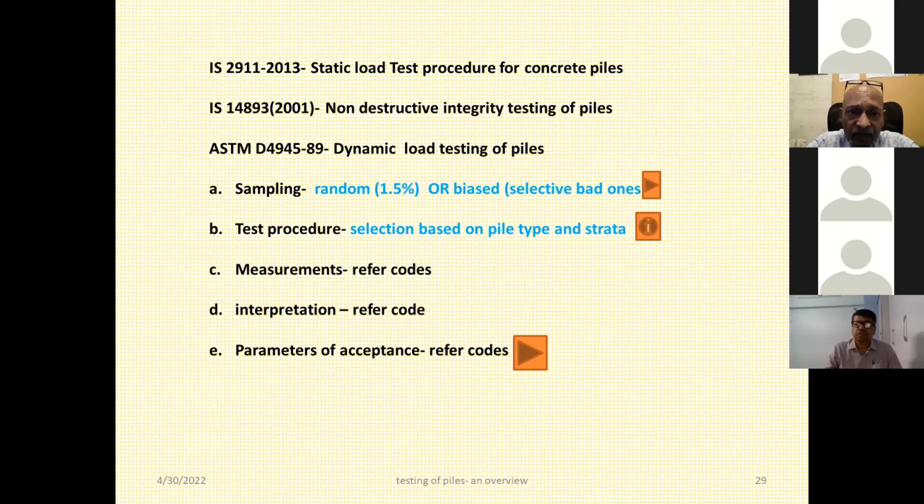And ASTM D4945-89 is dynamic load testing of pile. There is no Indian standard code I could find for this. All these three codes are available online, and they can be downloaded freely. At least two I have done. The IS codes I have downloaded.